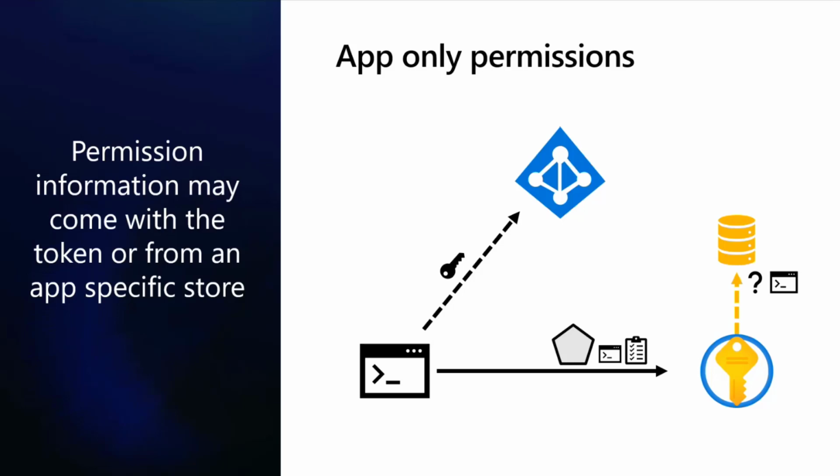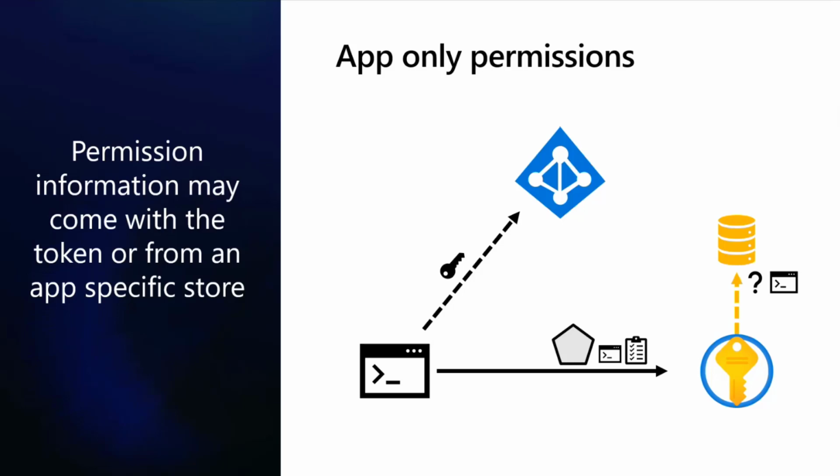The most common thing you've probably heard of is what we call app roles. So we know the ID of the application that is calling, and we know what roles this application is a member of to access a specific resource. I'm using Key Vault because it's a quite common scenario, and it will illustrate what we're going to talk about when we think about least privilege and scoping permissions later today.